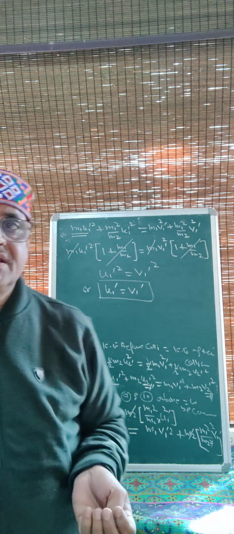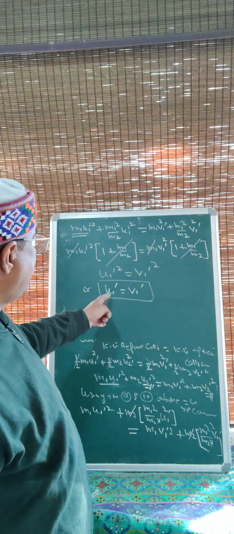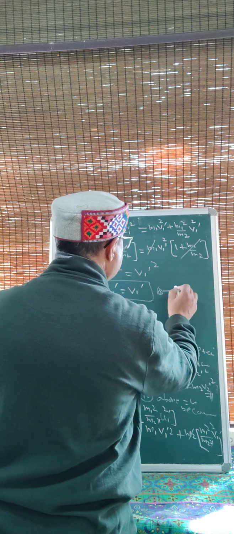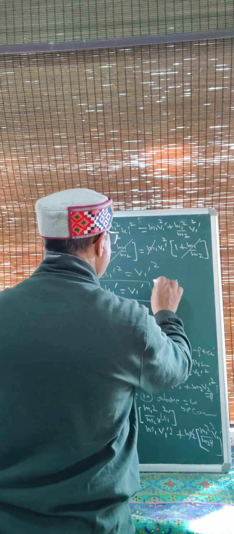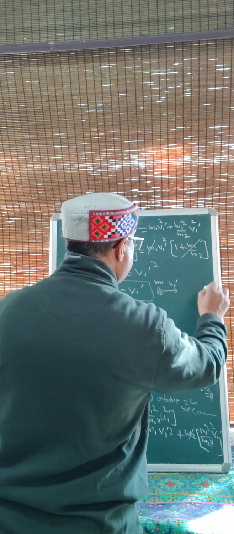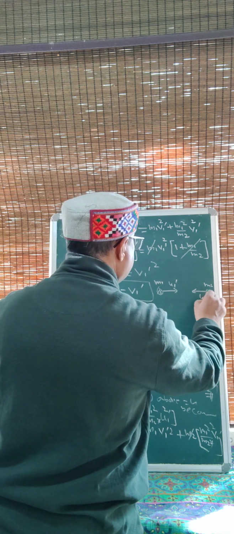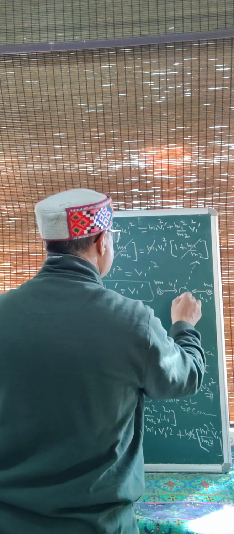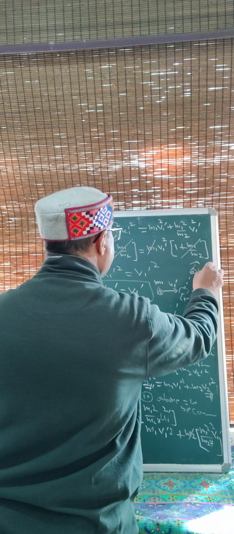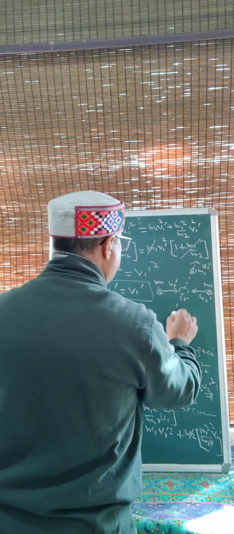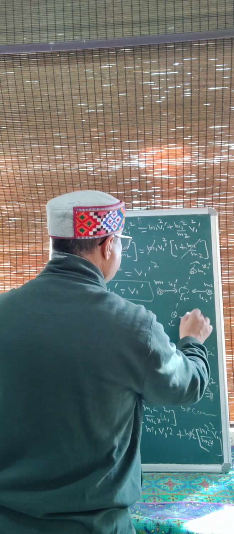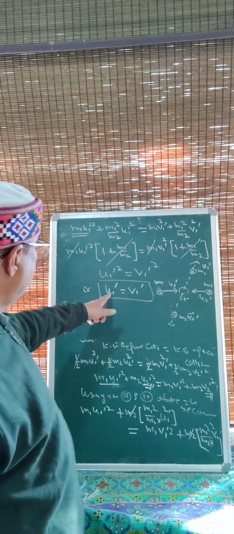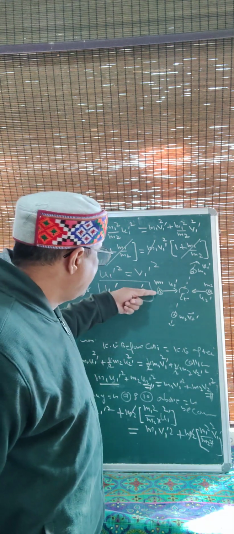See, this equation has come in the center of mass frame: u1 dash is equal to v1 dash. What was u1 dash? This was m1, this was m2, coming with u2 dash, here in the center of mass frame. Then after collision, m1 went this way with v1 dash and m2 with v2 dash. Now you see what we have seen. u1 dash is equal to v1 dash. u1 dash means the velocity of m1 before collision.